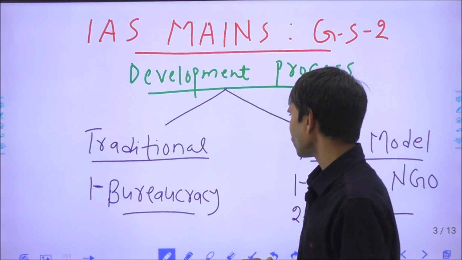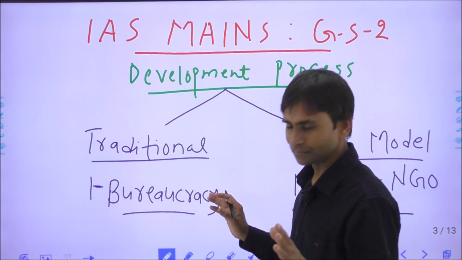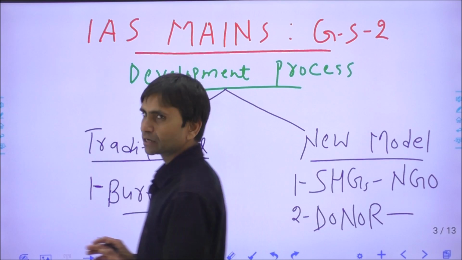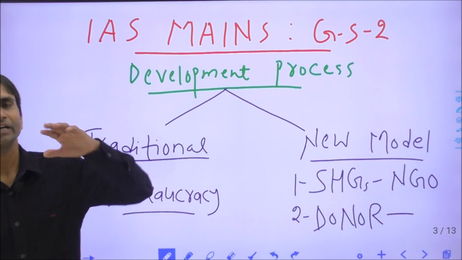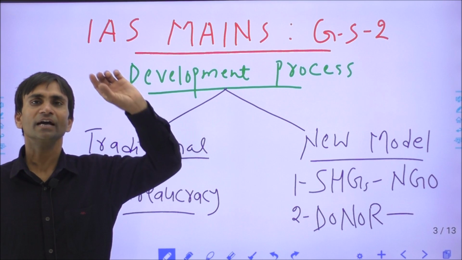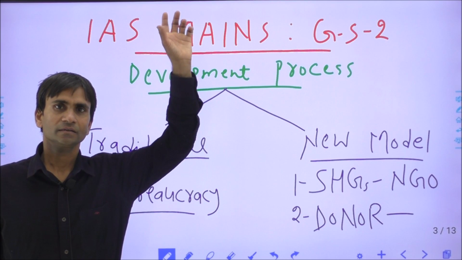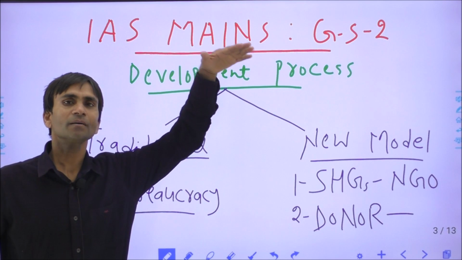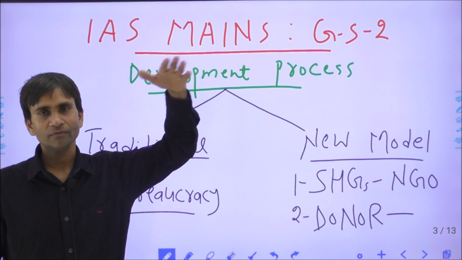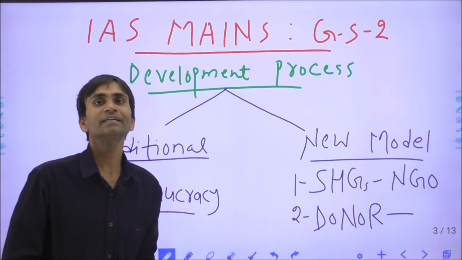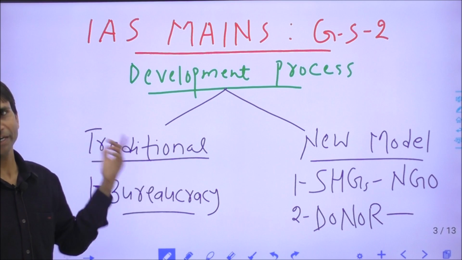So the government has already studied the system. We cannot enter India into a take-off stage so that we can attain the Millennium Development Goals identified by the international agency UNDP.